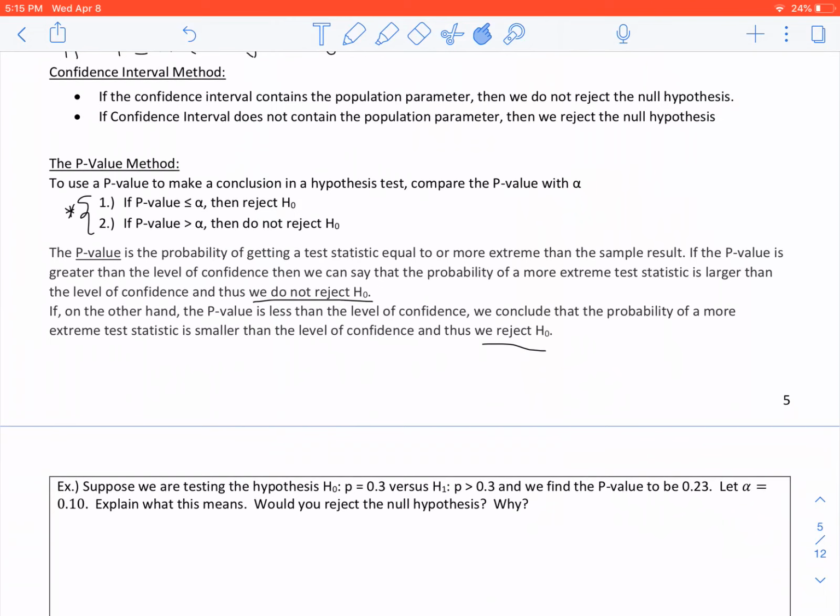If the p-value is greater than the level of confidence, which is alpha, then we can say that the probability of a more extreme test statistic is larger than the level of confidence, and thus we do not reject our null hypothesis. If, on the other hand, the p-value is less than the level of confidence, we conclude that the probability of a more extreme test statistic is smaller than the level of confidence, and thus we reject H0.